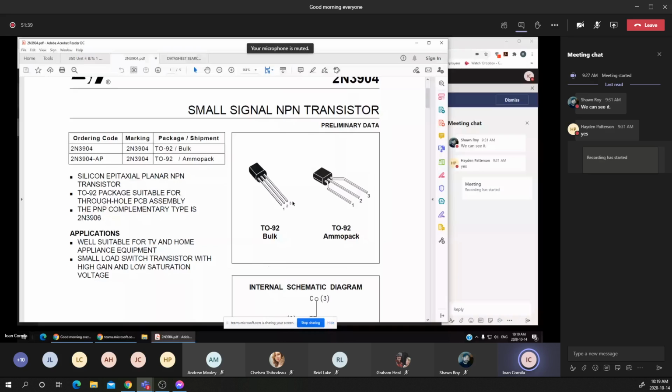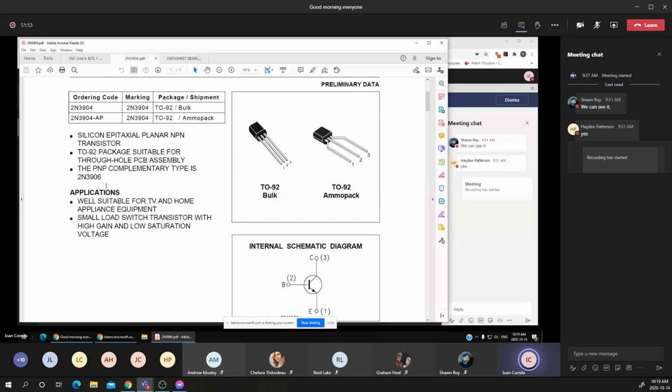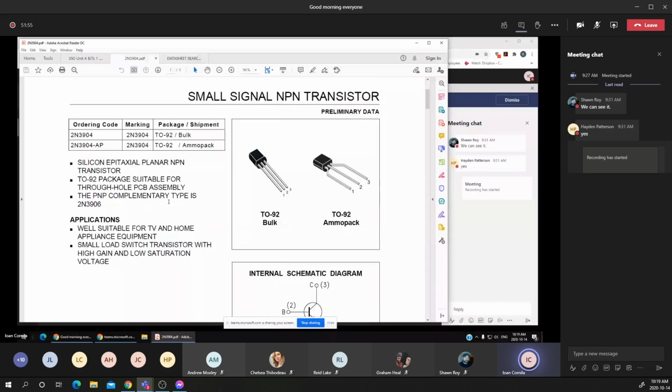The 1, 2, and 3 are given in the schematic diagram, meaning that 1 is the emitter, 2 is the base, and 3 is the collector. For example, they may put the complementary transistor, meaning an identical transistor, except that it is a PNP. That's an NPN transistor that we are using in lab.